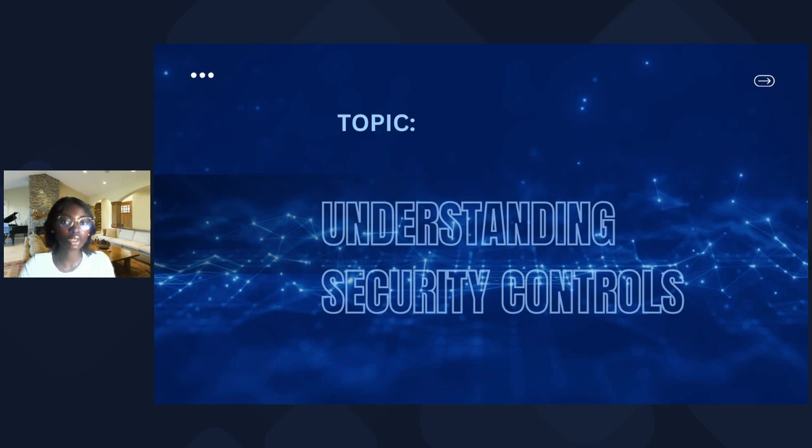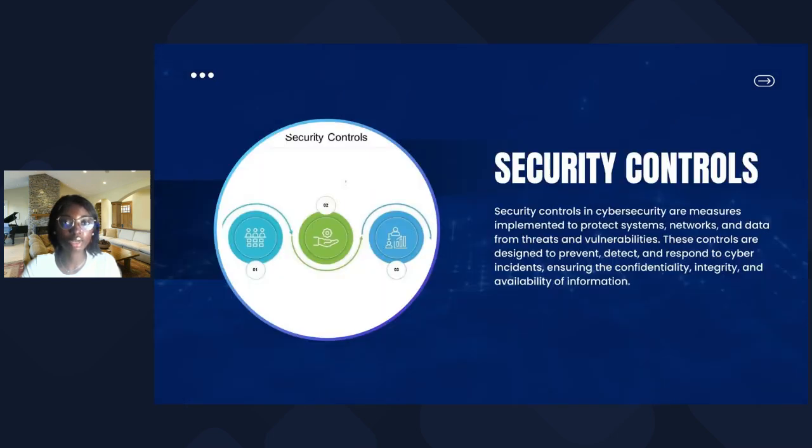You need to understand security measures and security controls. There are thousands of security controls that organizations put in place to ensure integrity, confidentiality, and availability within their organization, right?